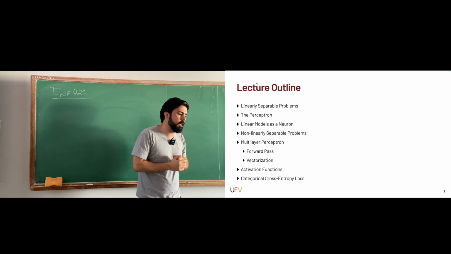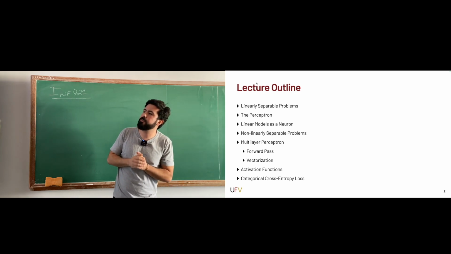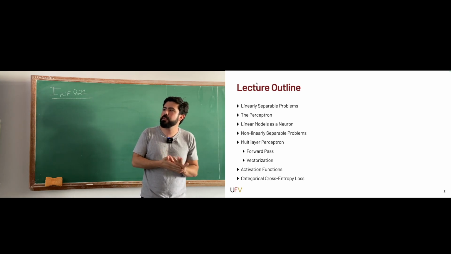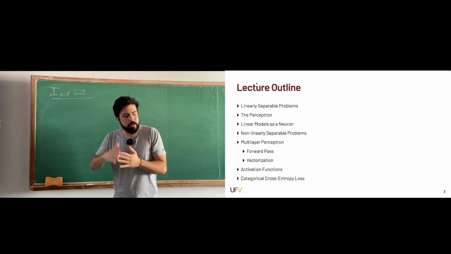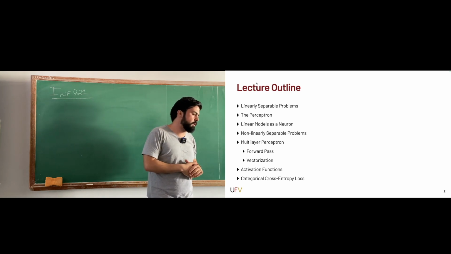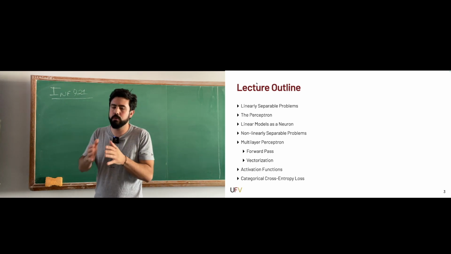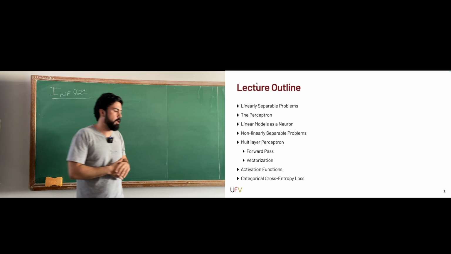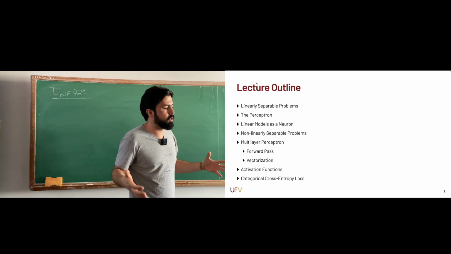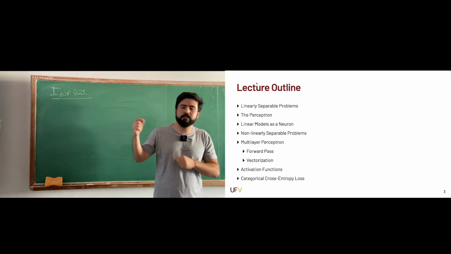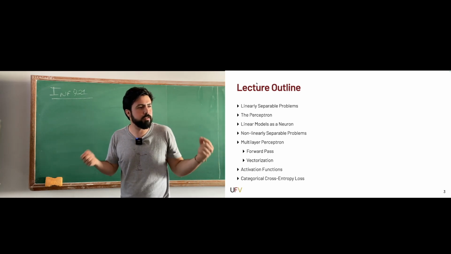And then I'm going to motivate the idea of multi-layer perceptron, discussing non-linearly separable problems. Then we're going to move on to discuss what the actual multi-layer perceptron is and how to get the inputs now with this neural network structure, and particularly also how to vectorize that calculation so we can do this faster.